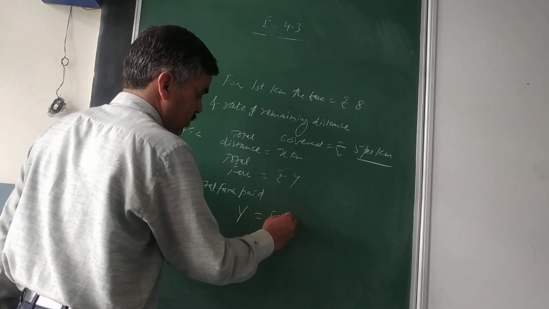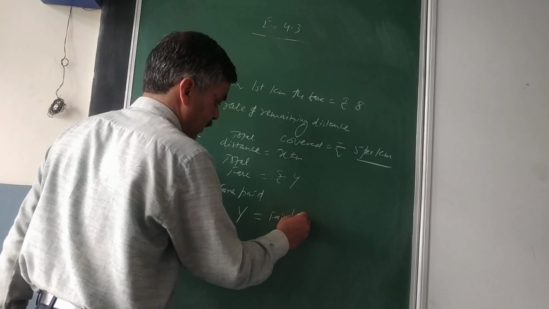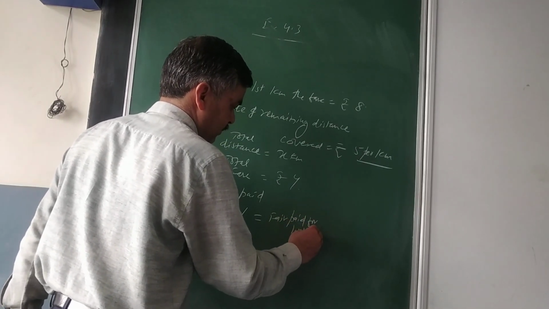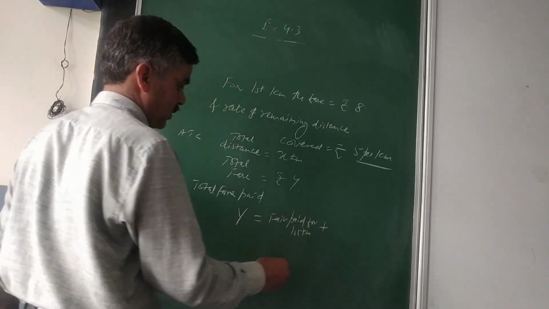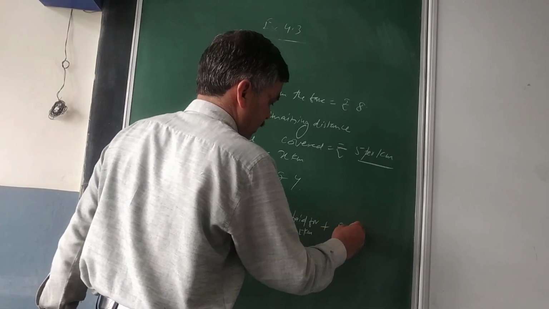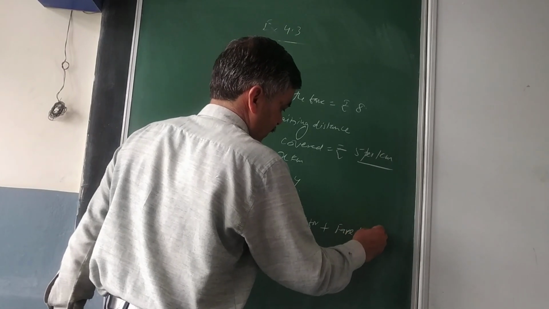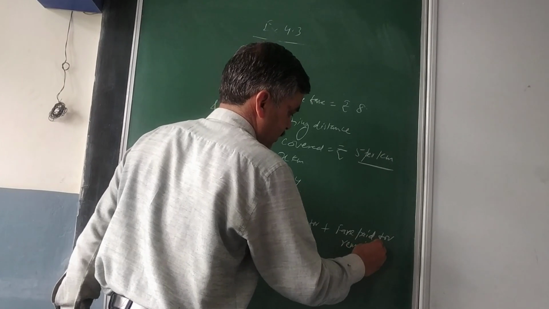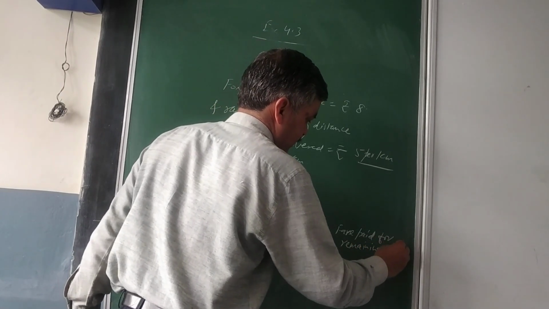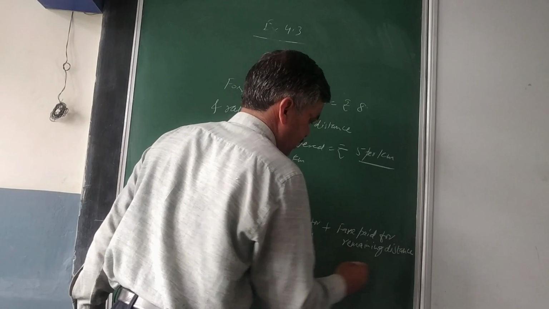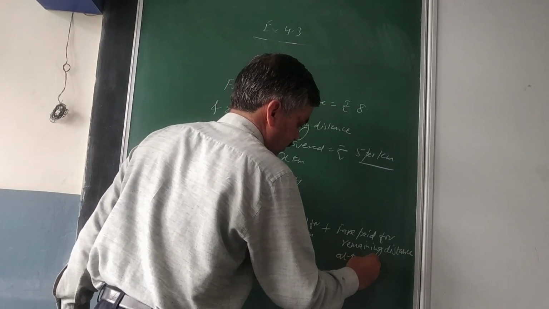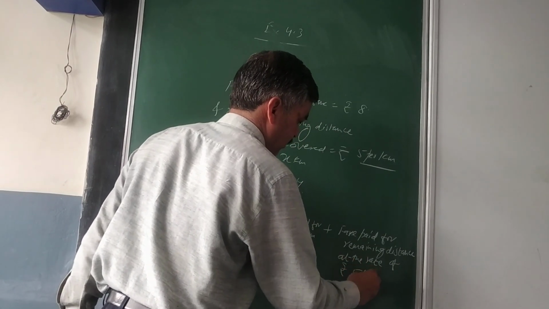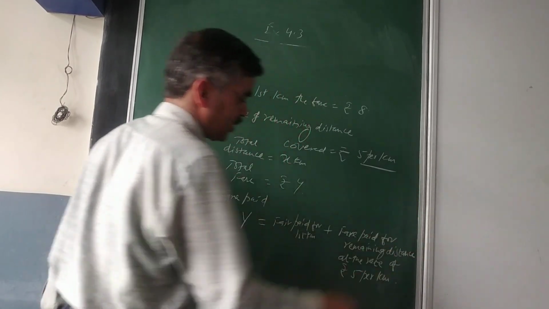Fare paid for first kilometer, plus fare paid for remaining distance, at the rate of rupees 5 per kilometer. Try to understand it this way.